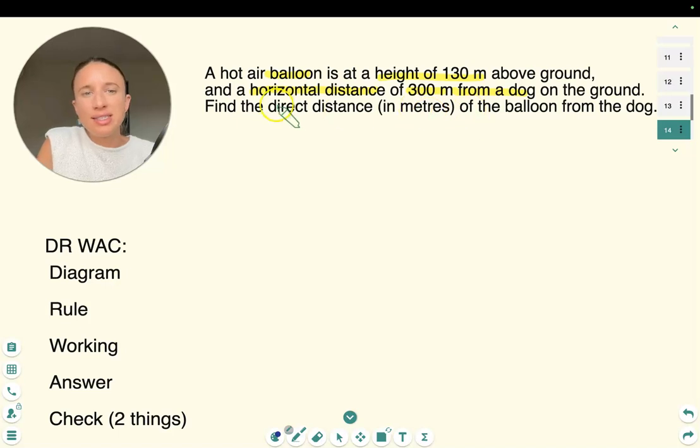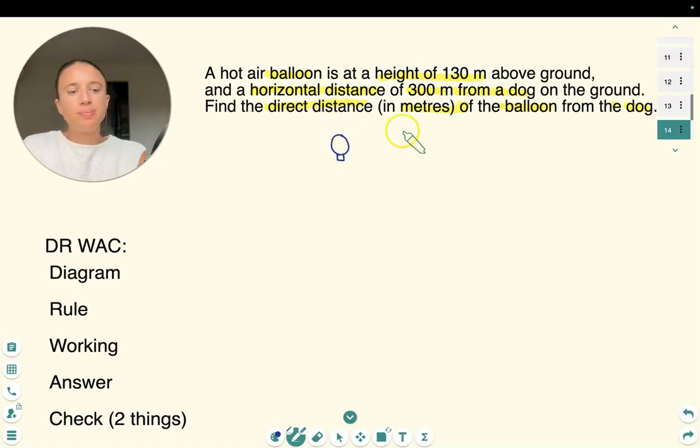Find the direct distance in meters of the balloon from the dog. Might sound confusing now, but we can do this.